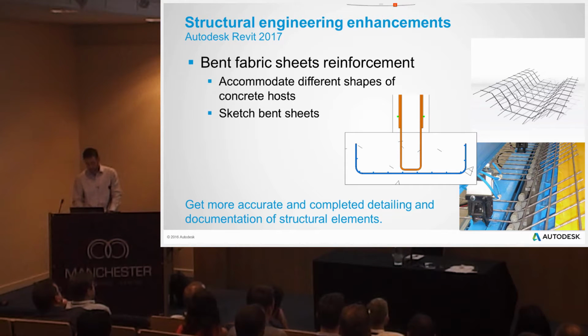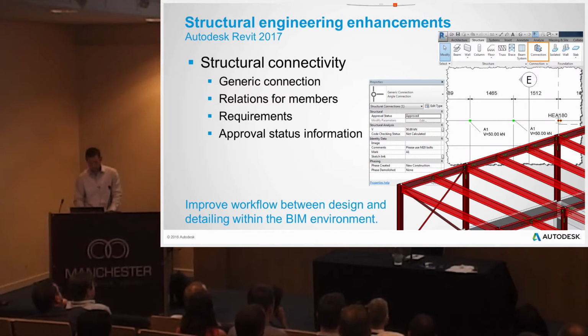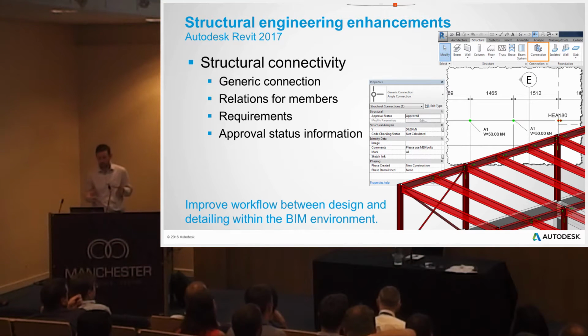Structural connectivity. They've introduced a node essentially that can exist where components, beams, columns, etc., intersect or join. And what this allows you to do, as I was exploring this, it starts off initially as this generic connection, and this essentially works as a placeholder, so you can attach design information, design data to it.